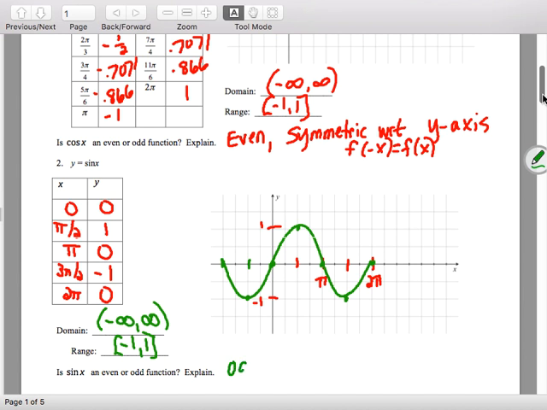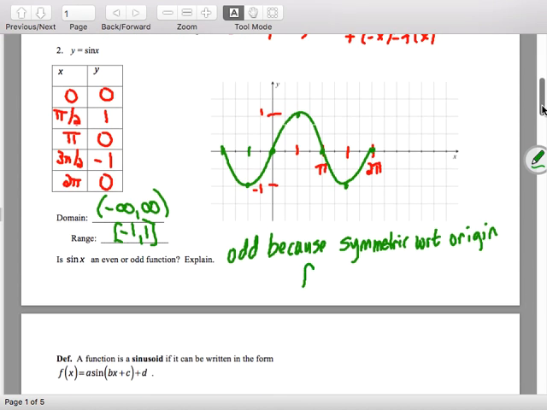So the sine is odd because it's symmetric with respect to the origin. Also, a neat feature of odd functions is f of negative x equals the opposite of f of x.